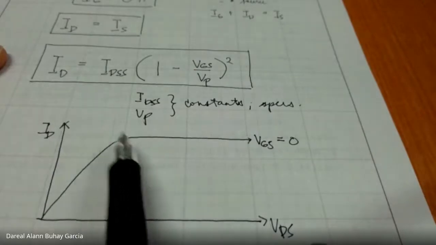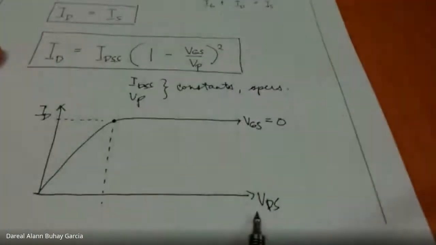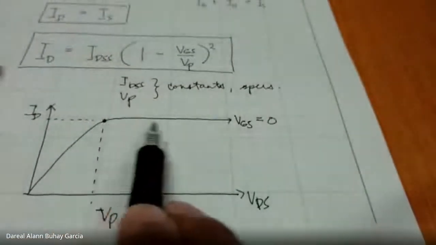So what are these values? What is this point? When VDS reaches a value equal to this one, VP, our current saturates. Once VP is reached, it saturates. And this VP is what we call the pinch-off voltage.